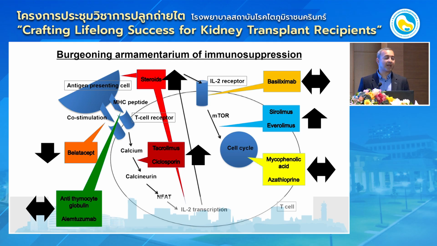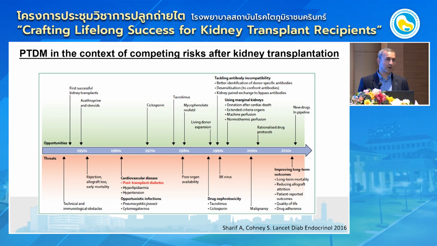So if you do have a very high-risk patient and you want to lower their risk for post-transplant diabetes, you could think about trying to modify their immune suppression, maybe give them a slightly lower target for calcineurin inhibitors, maybe think about a steroid-free regimen. And these are all sensible options. But the one thing we always say is we need to think about all the other complications that patients may get after transplantation.